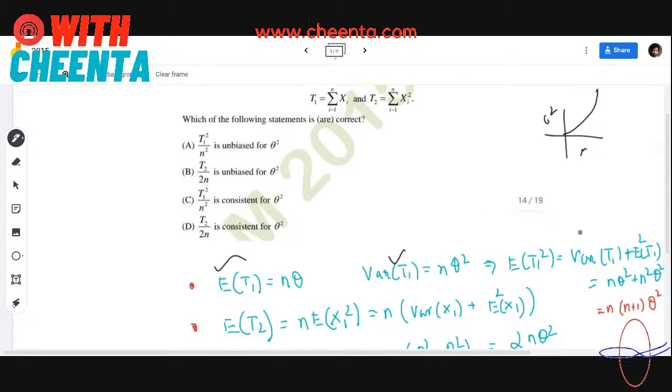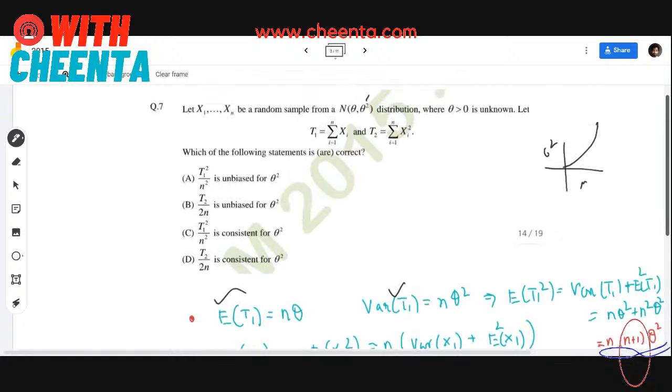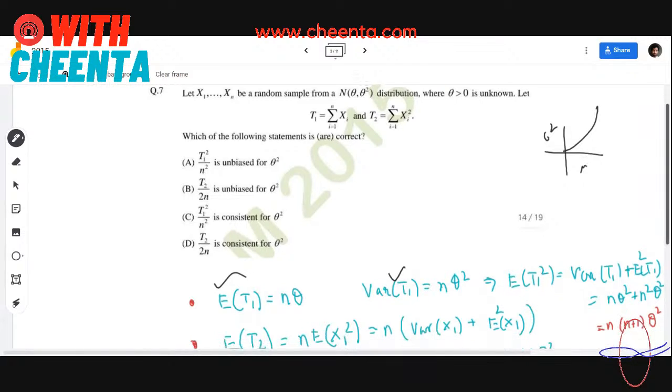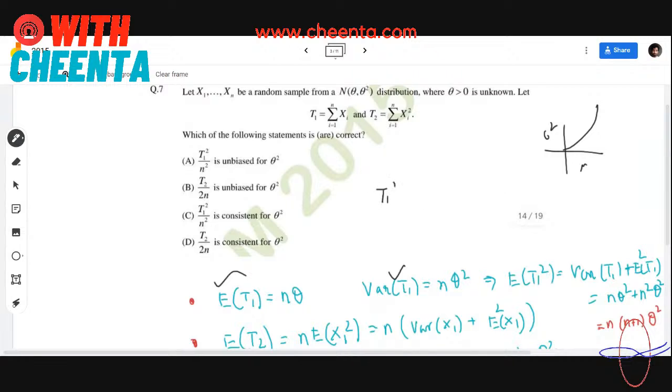So expectation of T1 square is variance of T1 plus expectation of T1 whole square, which gives n theta square plus n square theta square, which is n into n plus 1 theta square. So if you divide T1 square by n square, it's not unbiased. Rather, T1 square by n into n plus 1 is unbiased, not this.